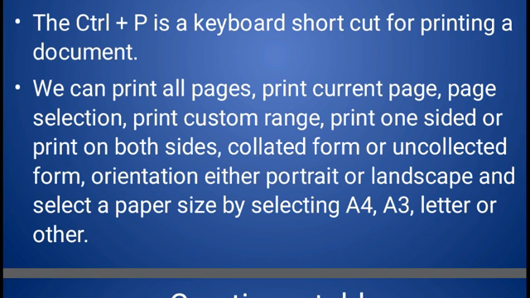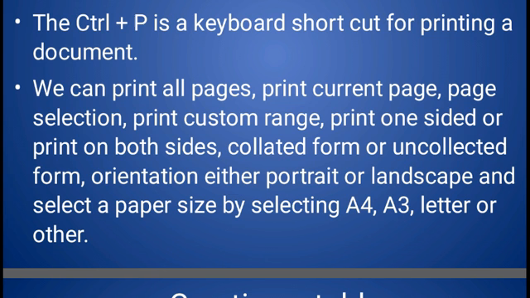Collated or uncollated means we can make sets. Suppose you have 5 pages, 1 2 3 4 5, and you want to print 3 sets. In the uncollated form, it first prints page number 1, again page number 1, again page number 1.